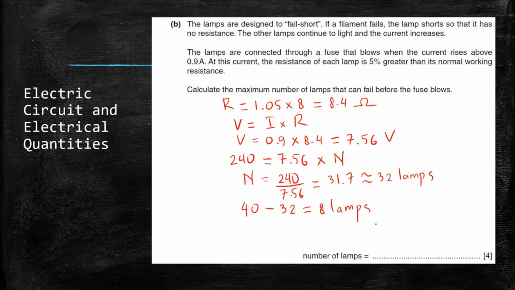So, the maximum number of lamps that can fail before the fuse blows is 8 lamps.